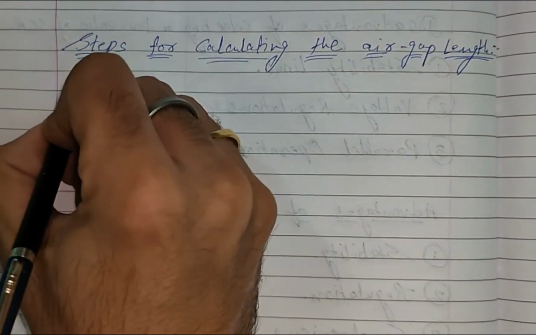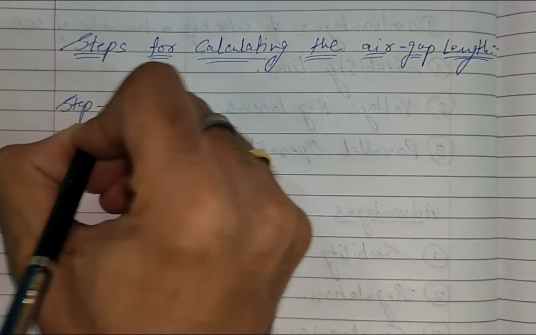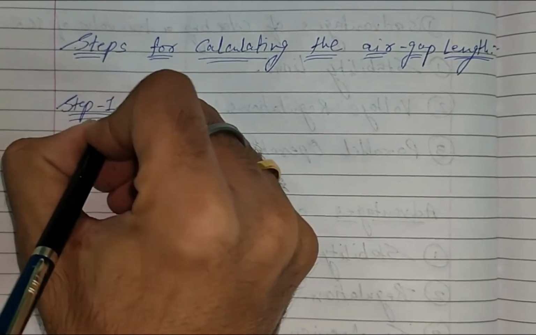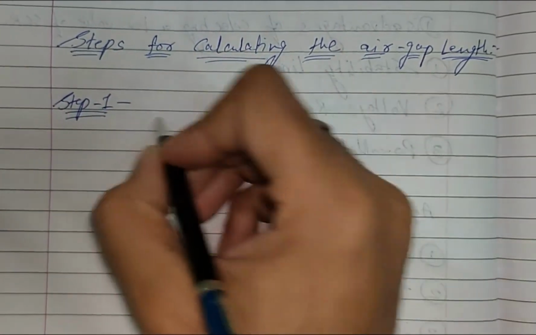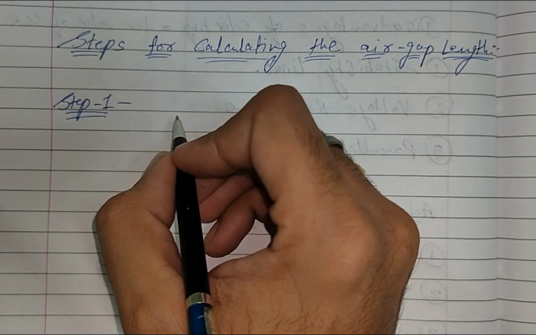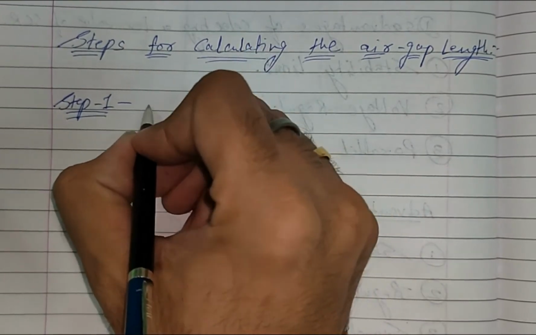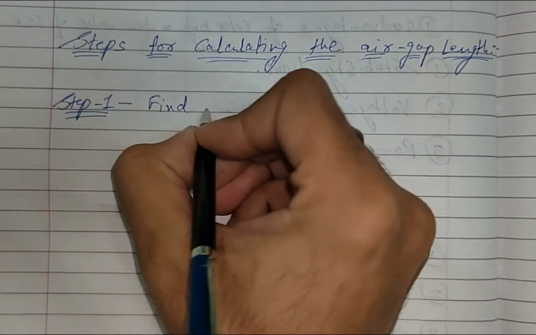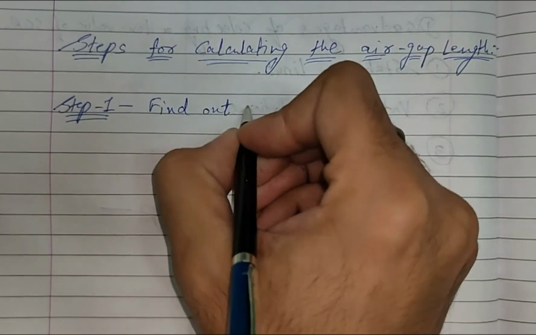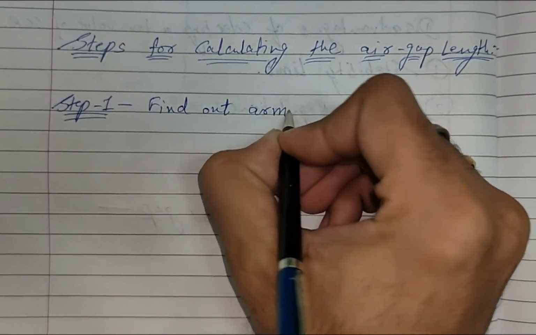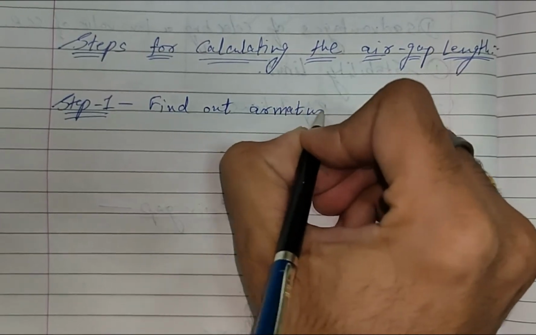So let us move to the first step, that is step number 1. Here we will find out the ampere turns per pole. So let us write down, find out the armature ampere turns to be precise.